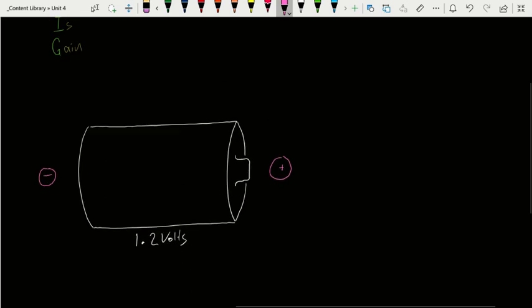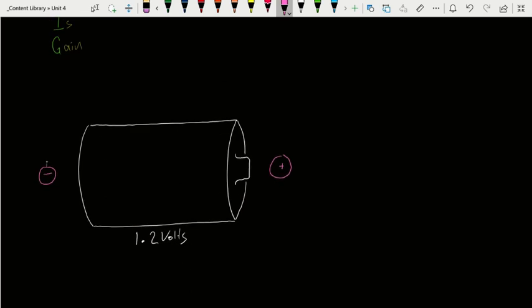When we connect these with a wire, maybe we hook a voltmeter up to it, so we put a little reader on it, and we connect that, and then we have this little needle right here, and it points, oh, 1.2 volts, perfect. What's it measuring?